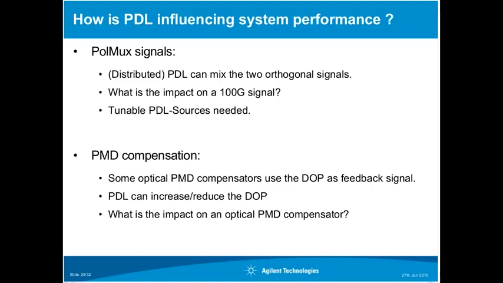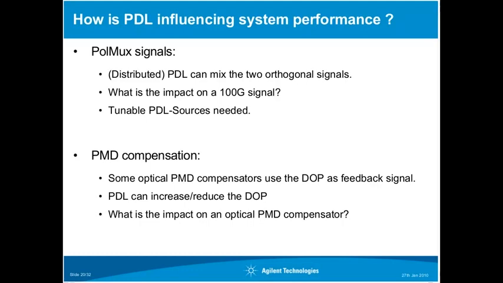The lower the DOP, the more your signal is impacted by PMD. DOP is also affected by noise, but this is just like an offset. So if you are using a PMD compensator which optimizes the DOP, you probably try just to increase the DOP, and you will see that your signal normally gets better.